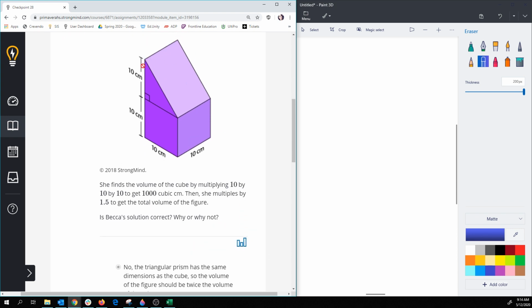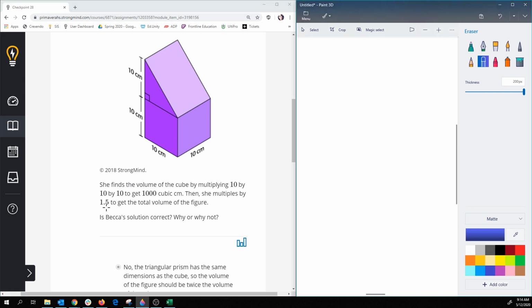Well, think about this triangle up here. This triangle is kind of slicing it in half, right? If I were to have a cube and I sliced it diagonally, that's what it would look like, right? And if I'm multiplying it by 1.5, this is kind of way back to when we were doing percents and things like that.